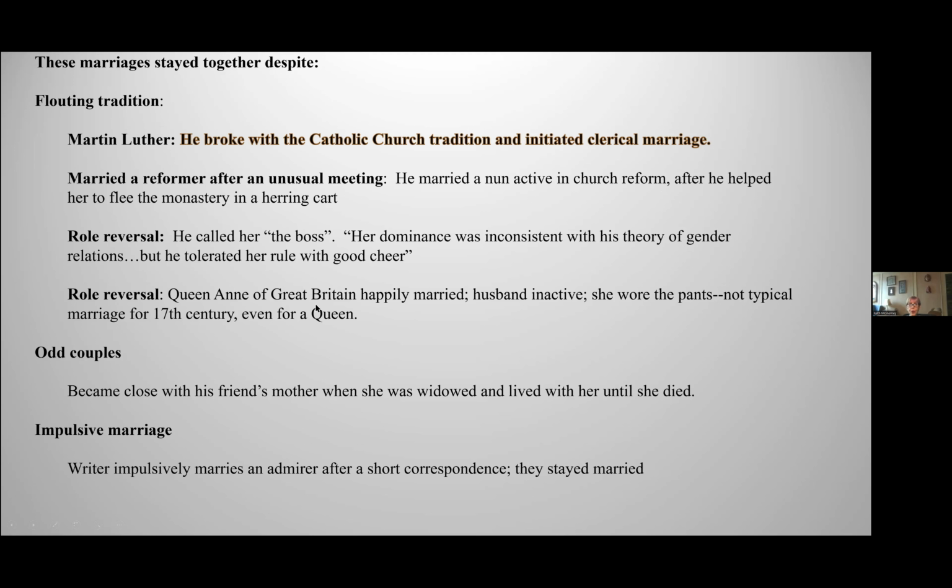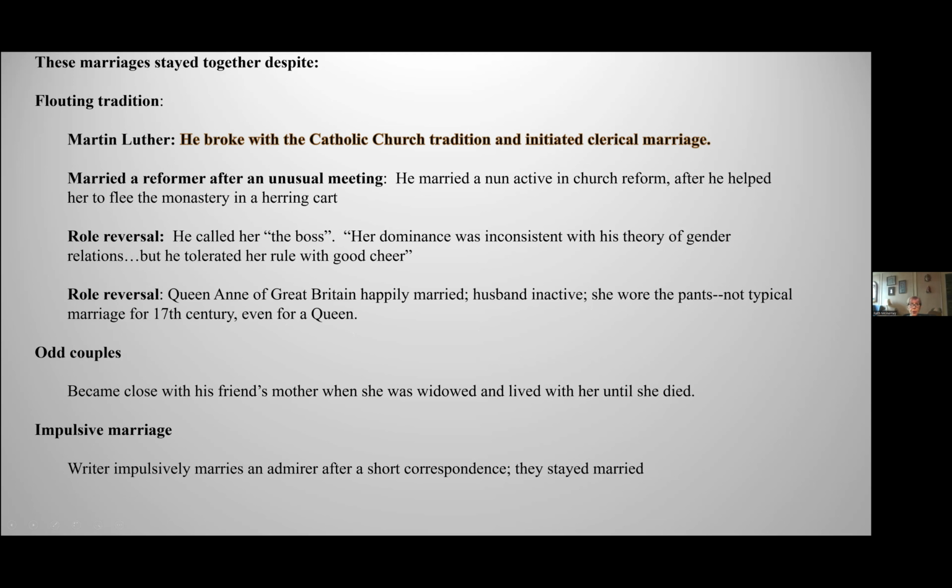Role reversal was also the case here. It's particularly noticeable in previous centuries, where roles were more accepted. So this was a Queen of England, lifelong, very happily married, not an active husband. She wore the pants, and that apparently was not even typical for a queen in the 17th century.